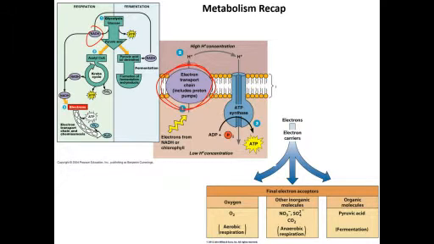The whole function of the electron transport chain is so that you build up a proton gradient outside this intermembrane space so that the protons can flow back through the ATP synthase protein pump and make ATP.